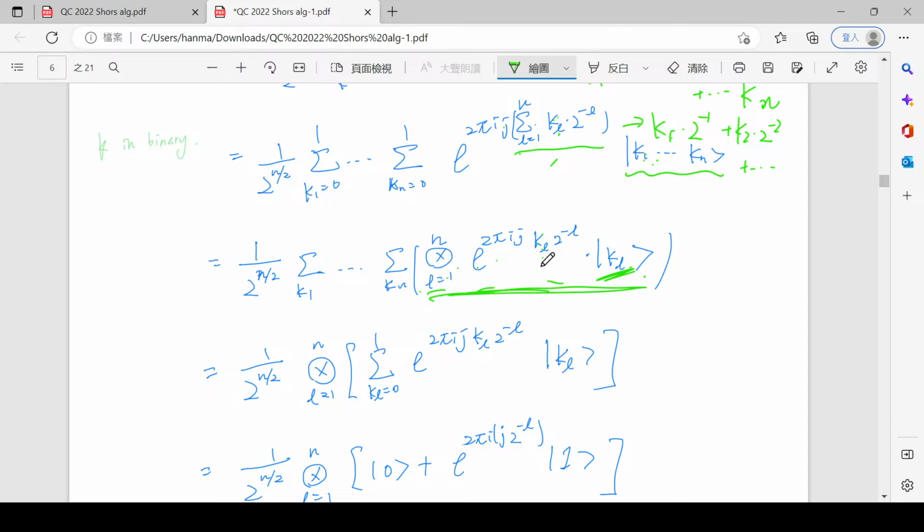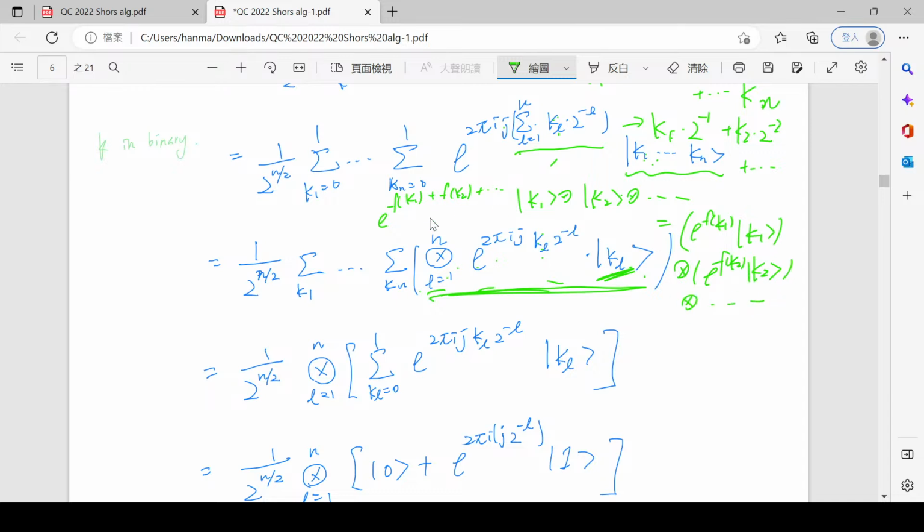Question? Yeah, it's ko here. So you have e to some function of k1 plus function of k2 plus and so on, applied to this k1 tensor k2 tensor and so on, and this is just equal to e to the function of k1 tensor e to the function of k2 tensor and so on, right?